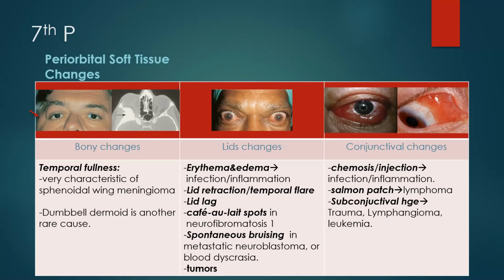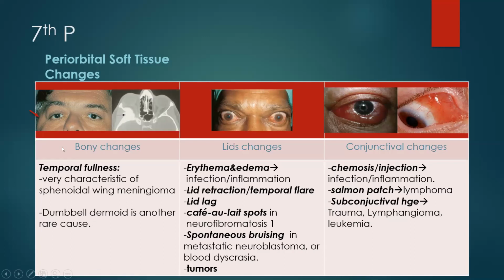So in bony changes, as you saw in Dr. Muhammad's lecture, you can have a temporal fullness, which is a characteristic sign of sphenoidal wing meningioma. You will see a patient with fullness in this area, the temple, because of the expansion of the sphenoidal wing bone.